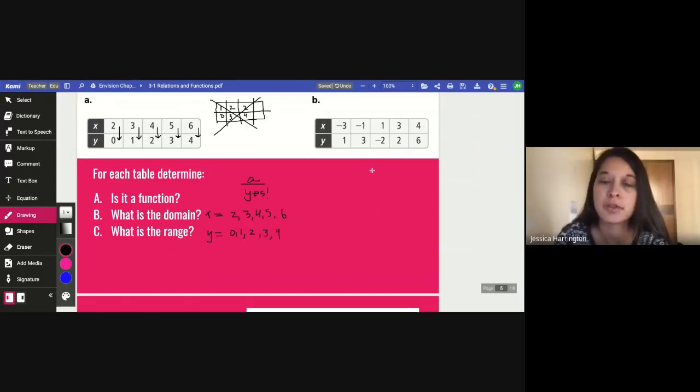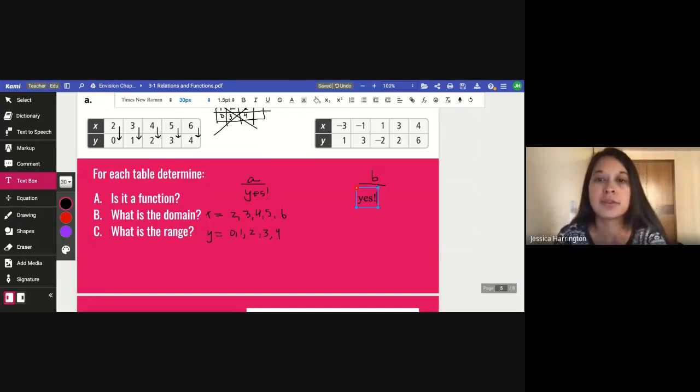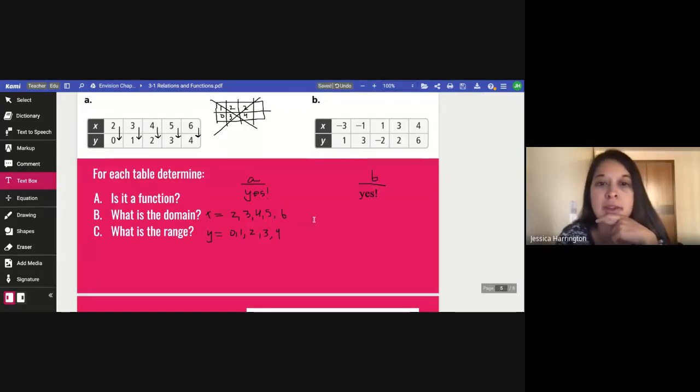Okay, great. Let's try b over here. So now, is b a function? -3, -1, 1, 3, 4. Yeah, there's not a repeat of x values, and for every x value, there's only one y value. So yes, let me use a text box. Yes, this is a function, right? All right, now let's figure out the domain.